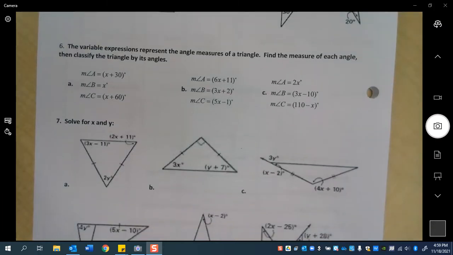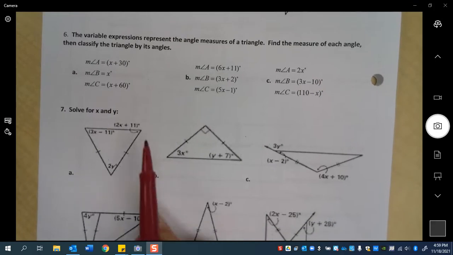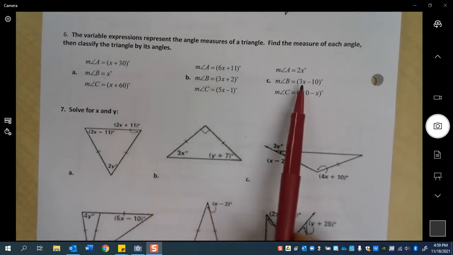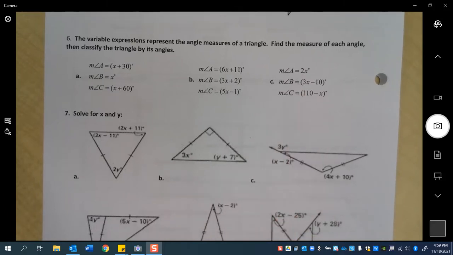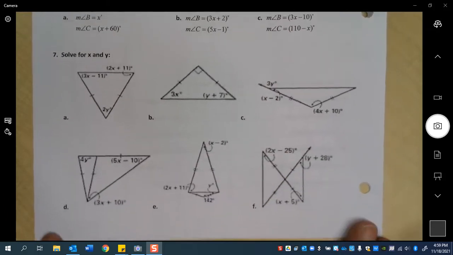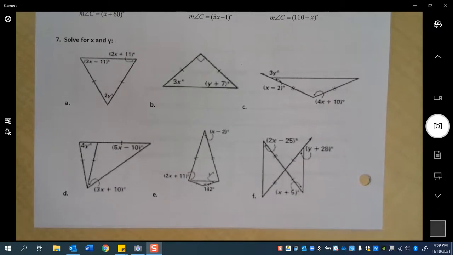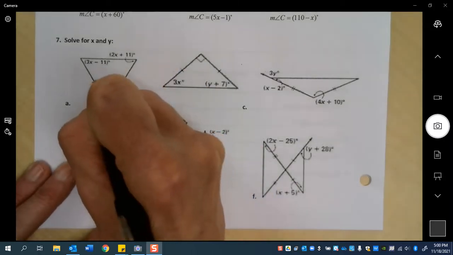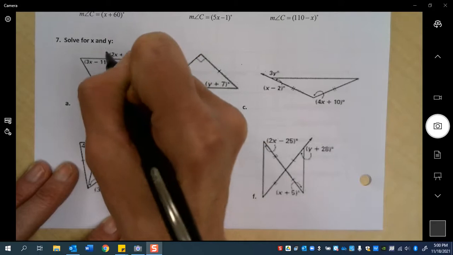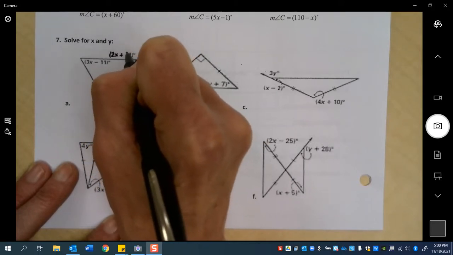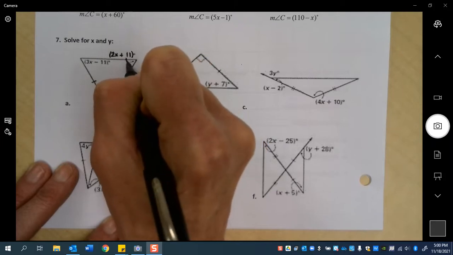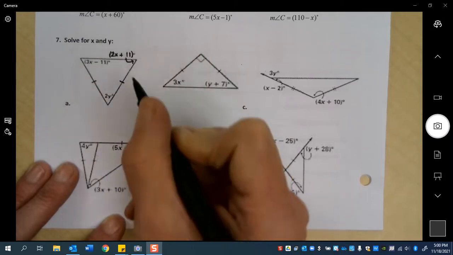All right, this next section is definitely tricky. We have 3 problems where we have angle measures of a triangle, and of course you're going to set them equal to 180 degrees. And then we've got some pretty tricky diagrams coming down, so I want to clarify a few things for you. The print is a little fuzzy, so we want to make sure that you can see that this triangle is isosceles, that you can see that this is 2x plus 11 for this degree measure angle.